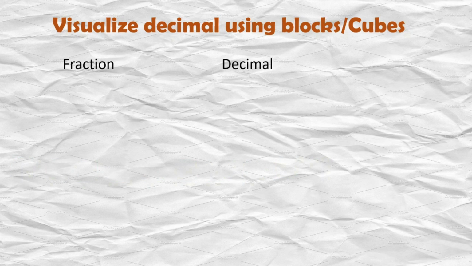Okay? Another example. We have 0.4. Now what is the fraction of 0.4? We have 4 over 10, because 0.4 is in tenths, and then copy the numerator, which is 4.